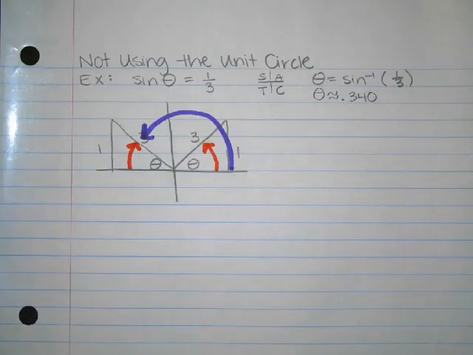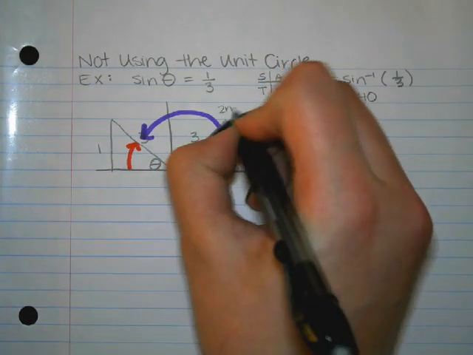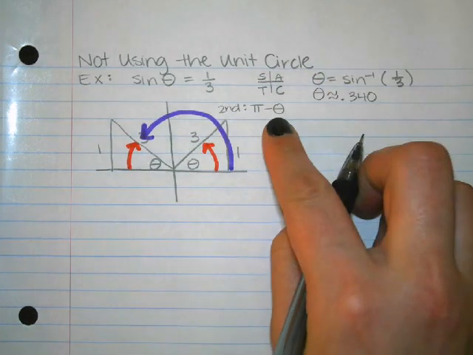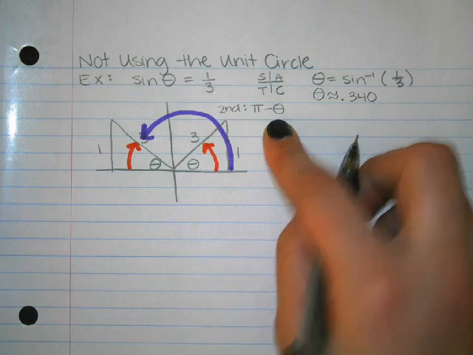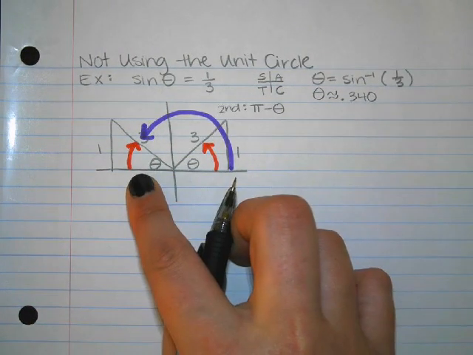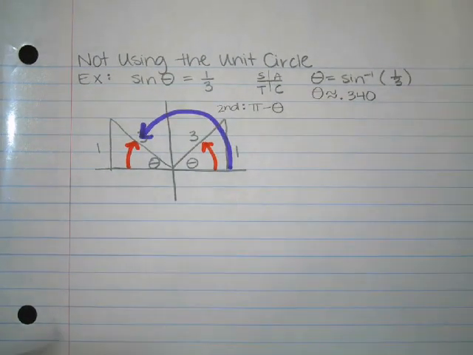So the little shortcut that I'm going to write, this is how I get my second answer. My second answer comes from doing pi minus the theta that I got for my first answer. That's my shortcut. Okay? And that's the purple. The purple is the entire thing minus the red. Okay? So what I'm going to do on my calculator is that 0.340 needs to be stored.